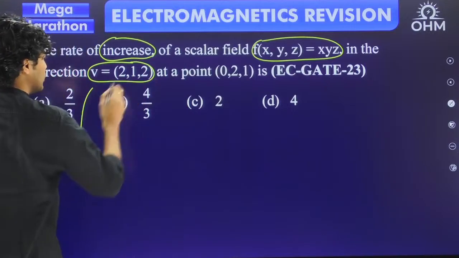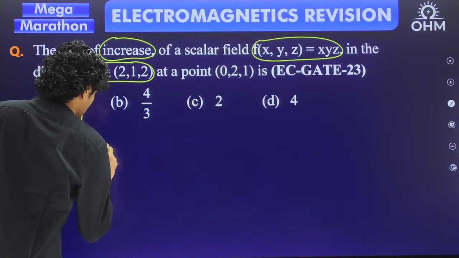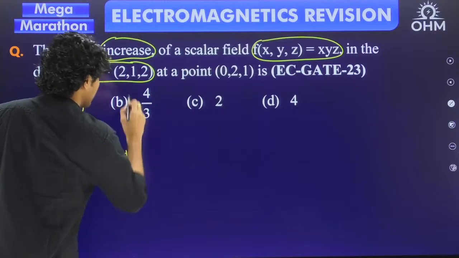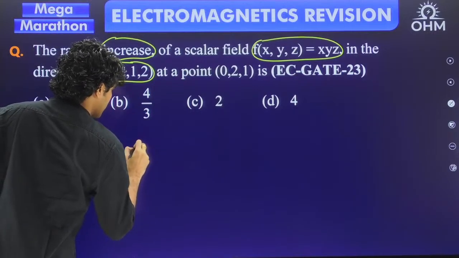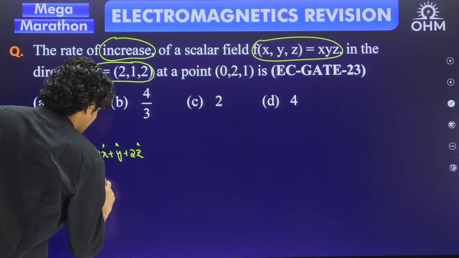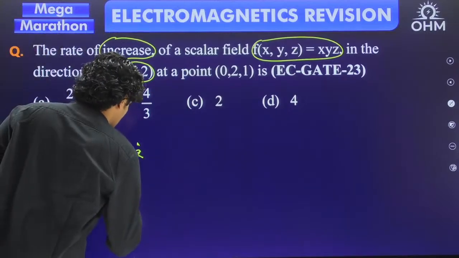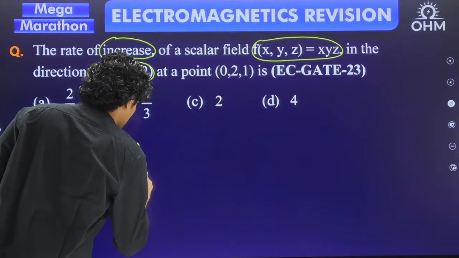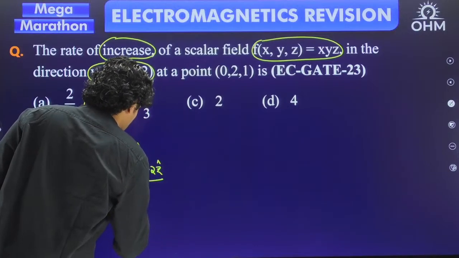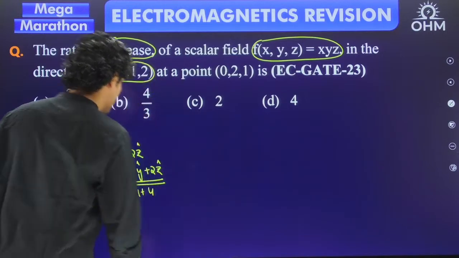V given as 2, 1, 2 means v bar becomes equal to, according to the examiner, 2x cap plus y cap plus 2z cap. The z component is 2, meaning 2z cap. So what is v cap right now? V cap is v bar divided by the modulus of v bar, which becomes 2x cap plus y cap plus 2z cap divided by the square root of 2 squared is 4, 1 squared is 1, 2 squared is again 4.